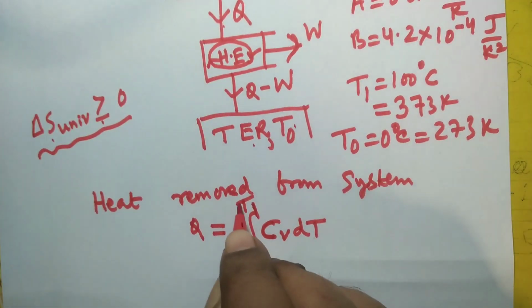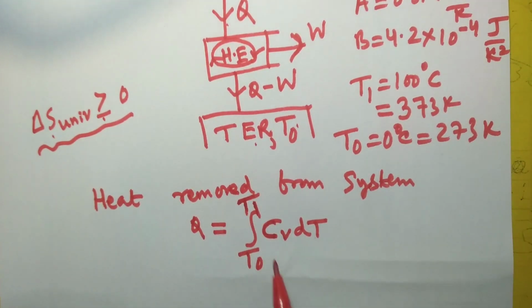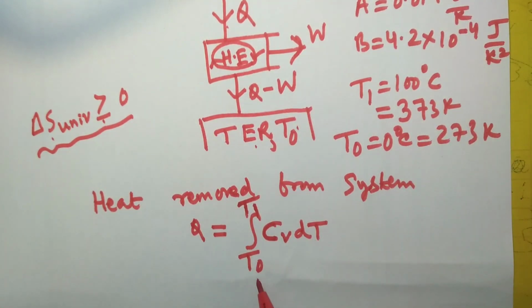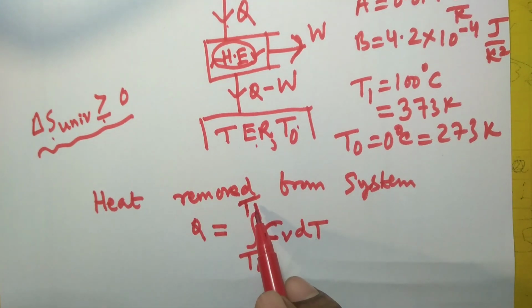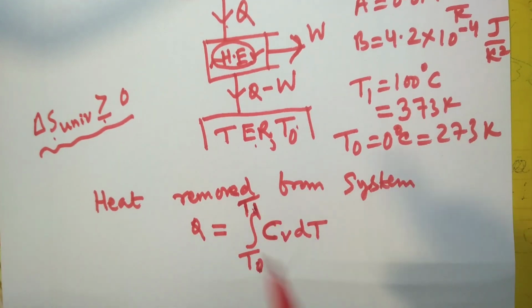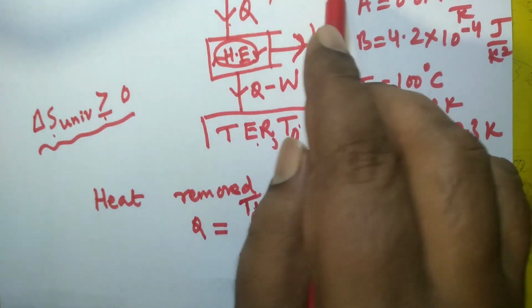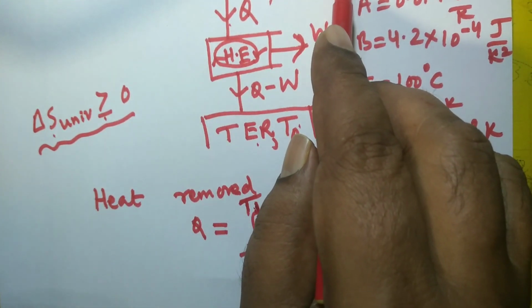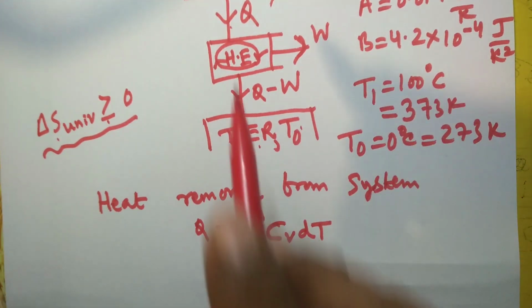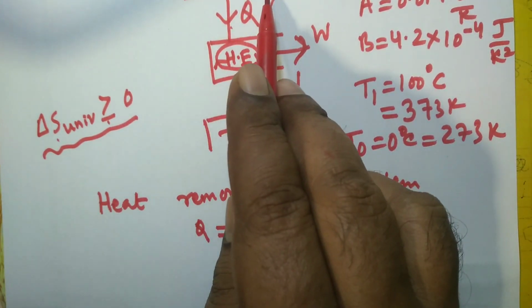And an important thing you must know, that if you were to find out the heat transfer, then T1 would have been the initial limit and T0 would have been the final limit, because the initial temperature is T1 and the final temperature here is T0, and the answer would have come out negative because the heat is discharged or heat is rejected from the system.